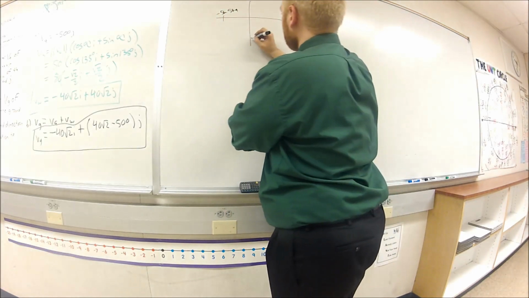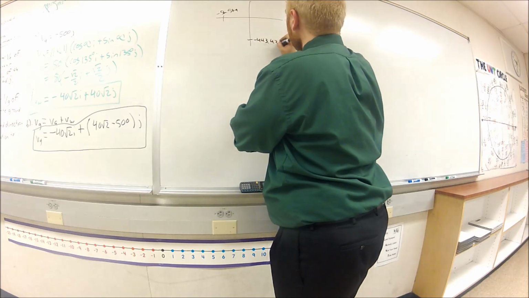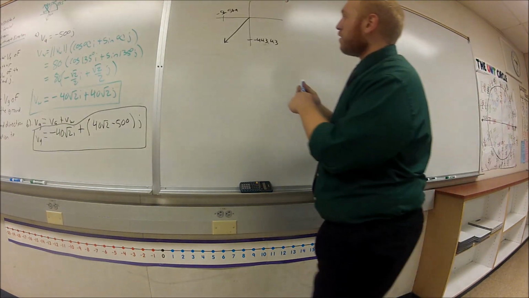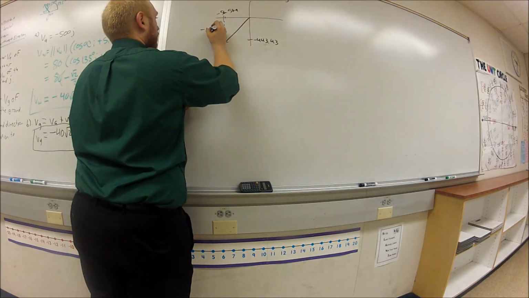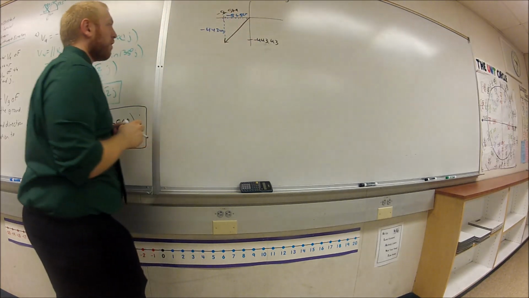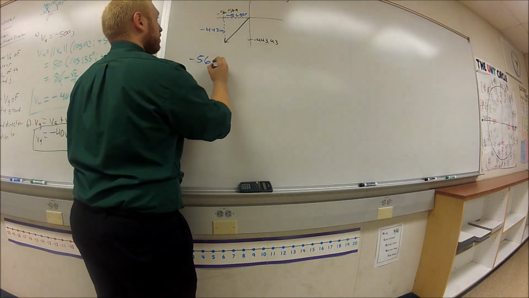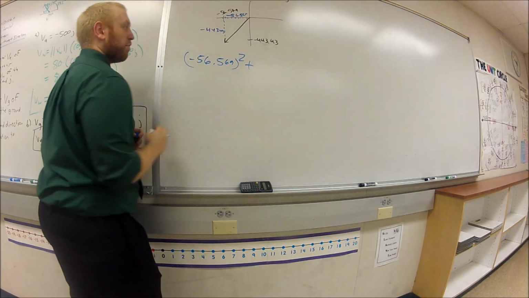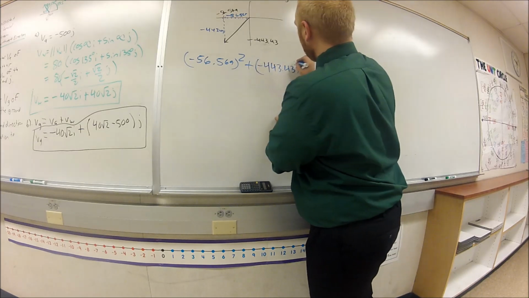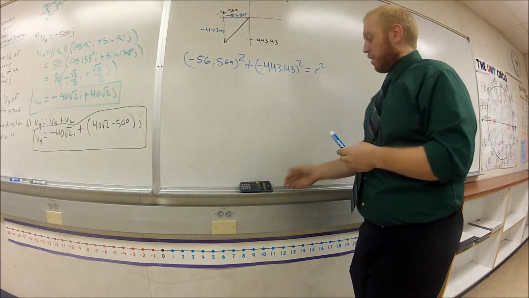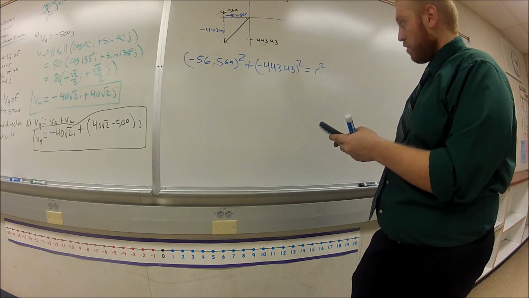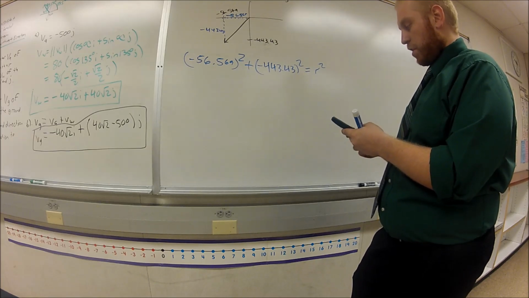And then when you go down, negative 443.43 squared equals a big number.